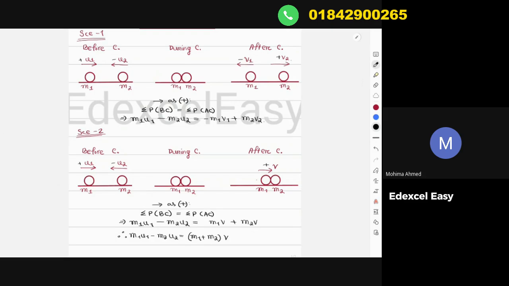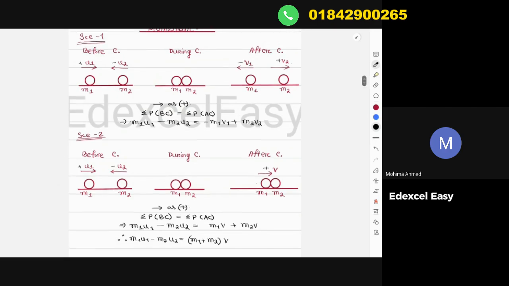Now, after this, they also want to find out what the impulse exerted on this is. Over here, I can understand that according to the basic definition of momentum, the total momentum before collision should equal the total momentum after collision, provided that no external force acts onto the system.